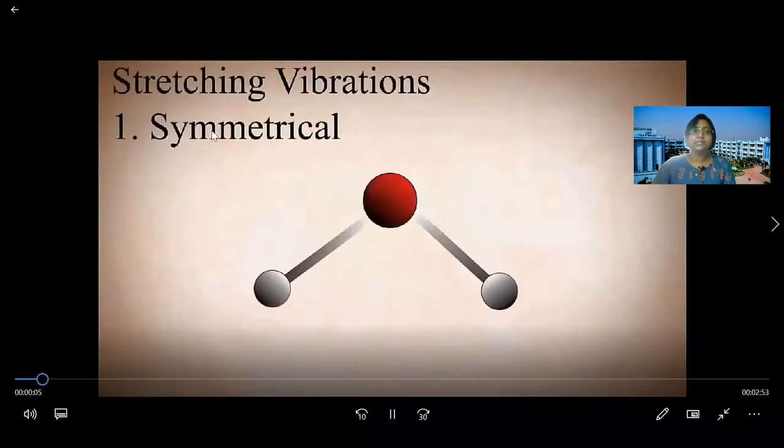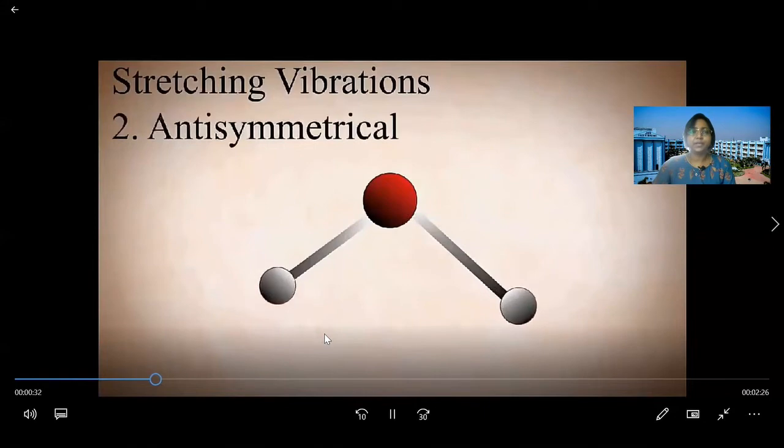So this is the stretching vibration. It is symmetrical. You can see it occurs, with carbon and oxygen, symmetrically. So this stretching vibration is called symmetrical. Observe carefully, and you can understand that it is symmetrical.